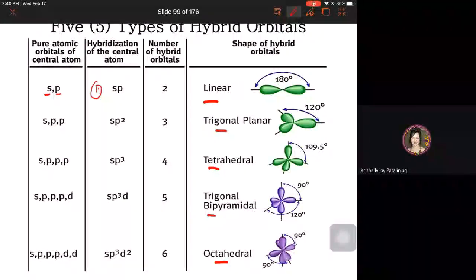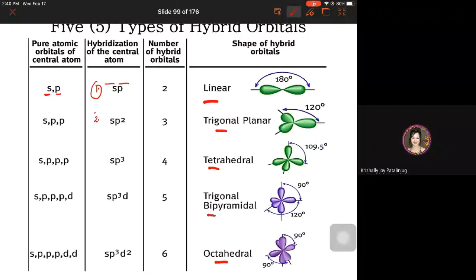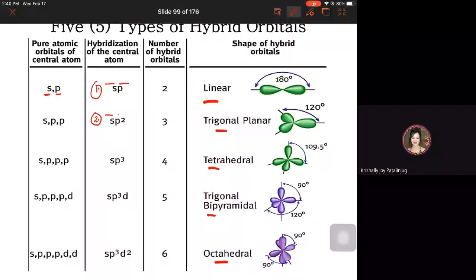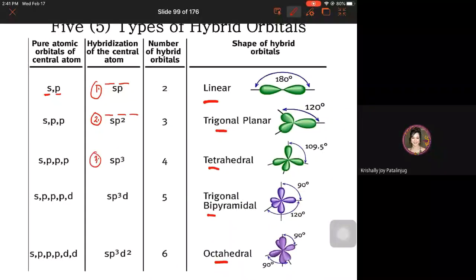Ibig sabihin, pag sinabing sp hybridization, dalawa yung orbitals available. We also have sp2. So this time, meron kang 3 available orbitals under sp2. These are hybrid orbitals, a new set of equivalent atomic orbitals.